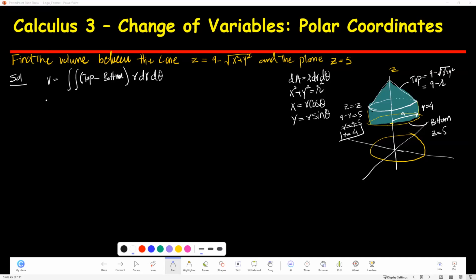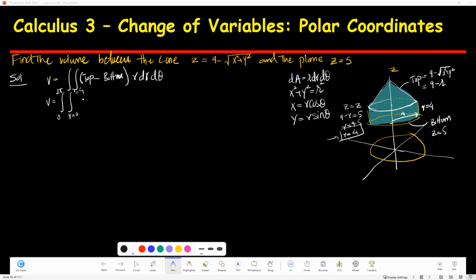Okay. Now I'm going to substitute the values. V equals to, let's go from 0 to 2 pi, and r is going from 0 to 4. We already talked about how that comes.